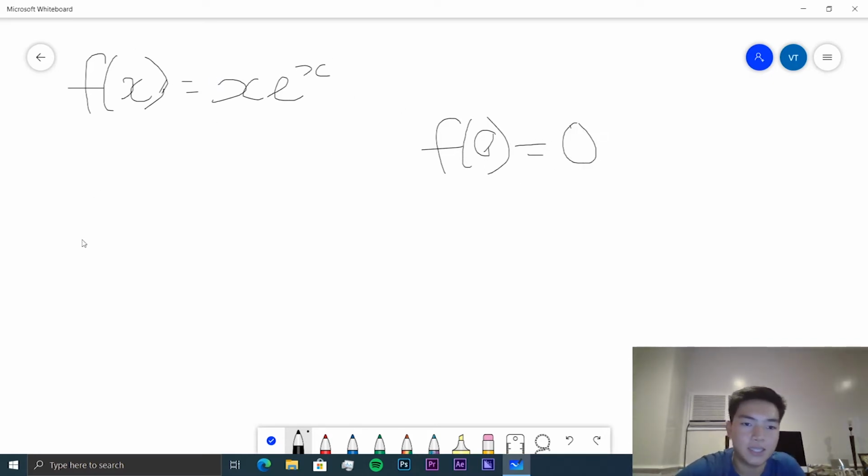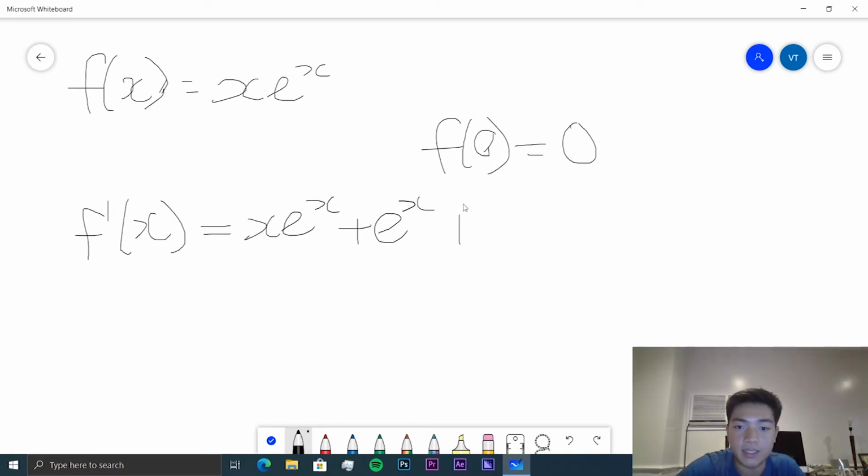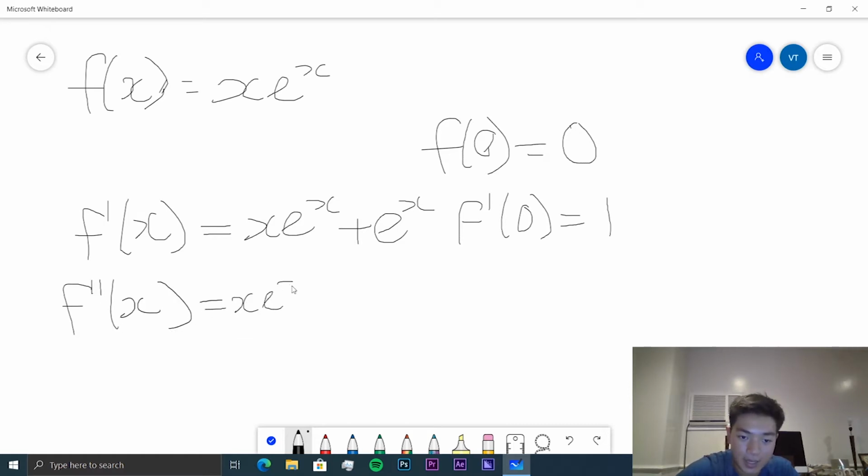Next, let's get the first derivative of f. So we get the first derivative is equal to, using product rule, x e to the x plus e to the x. And so if we get the value of this derivative at 0, this will be equal to 1. Next, if we get the second derivative, this is equal to x e to the x again, plus 2e to the x.